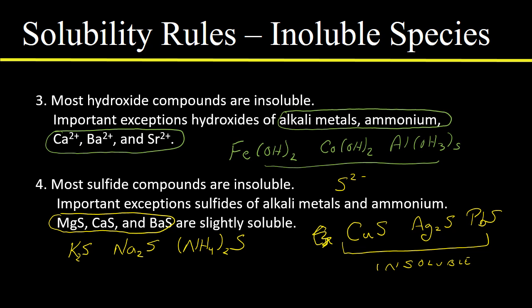I've looked at a couple other references where they're listed as being insoluble. They have kind of a marginal solubility. I'm not super concerned about you memorizing this set of exceptions because they're kind of borderline cases. But you should know this definitely. Most sulfide compounds are insoluble, and always alkali metals and ammonium are an exception. Okay.